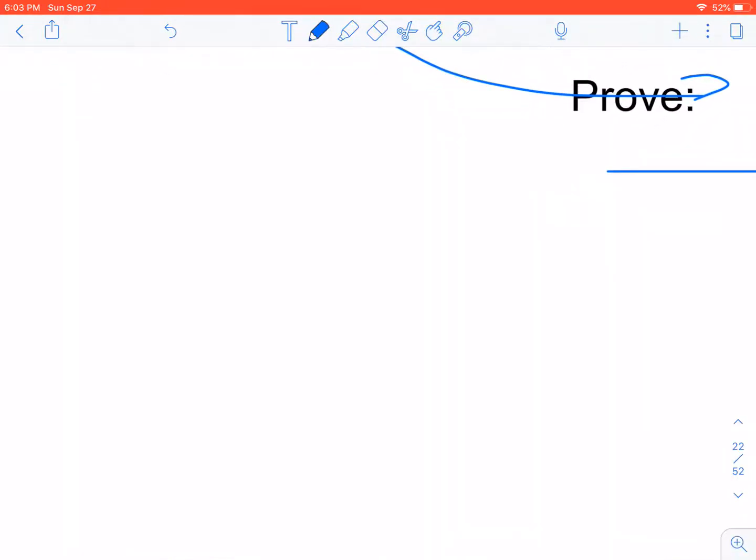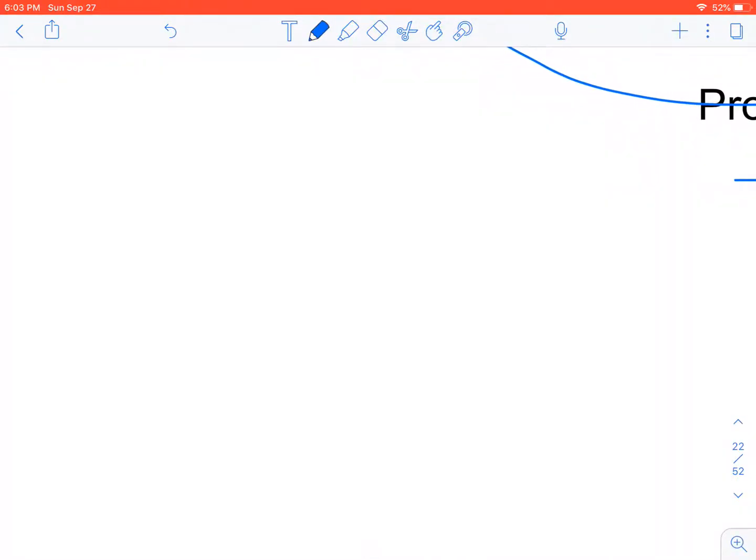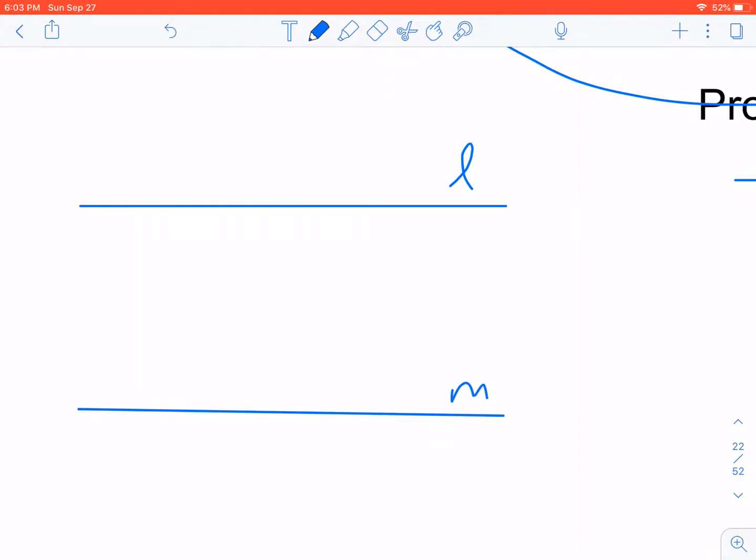So I'm going to draw another L and M. And it said these are perpendicular. I'm going to label it as 1 and 2.